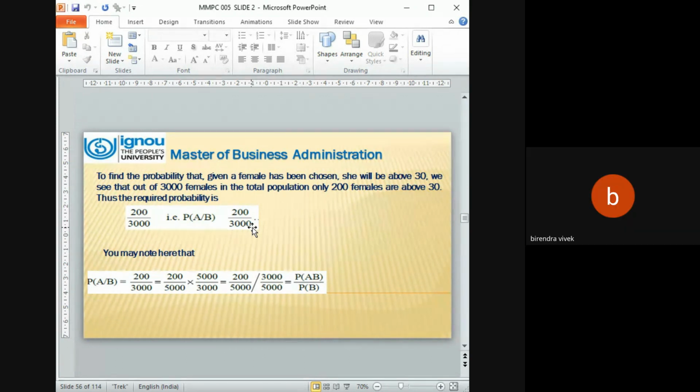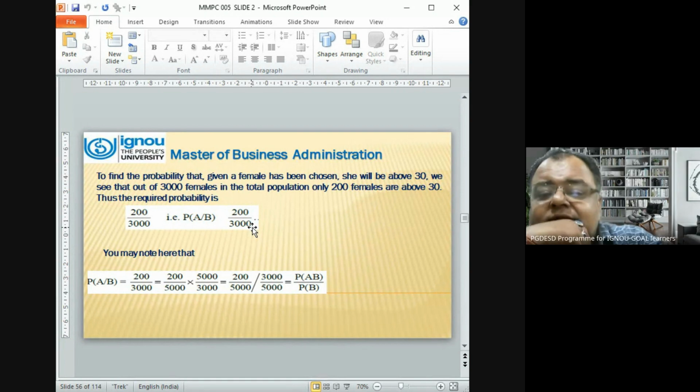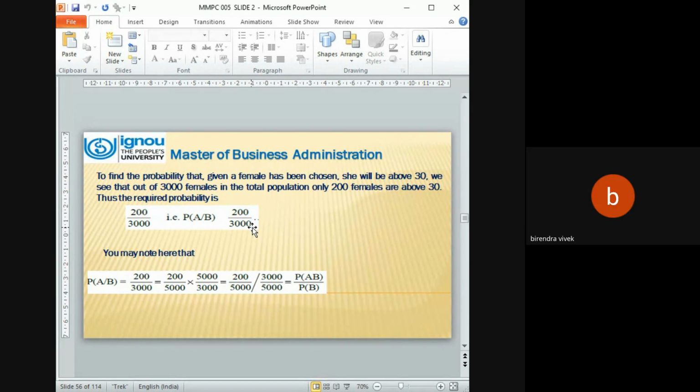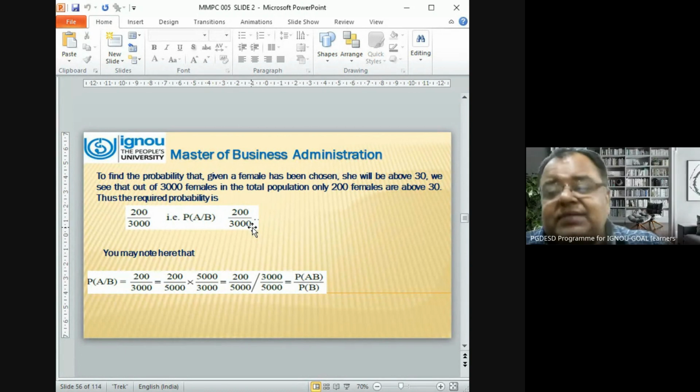This P(A given B). Your question is 200 by 3,000, that is a basic of probability. That is why I've written it over here. This is how it is evaluated.